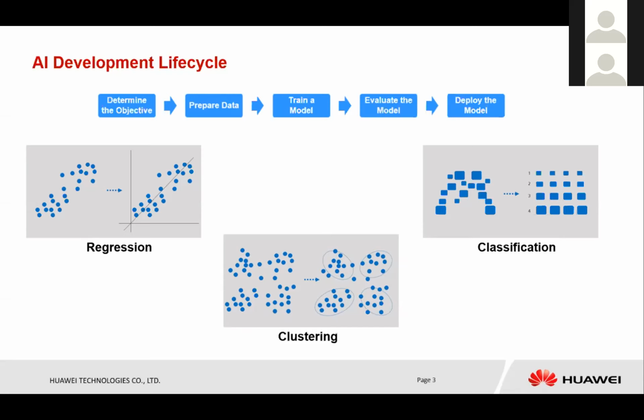After you train the model, you will need to evaluate it, because you cannot obtain a satisfactory model after the first evaluation, of course. So we'll need to re-evaluate and retrain, and repeat the steps from training to evaluation and back to training again, to make sure the accuracy is increasing incrementally.